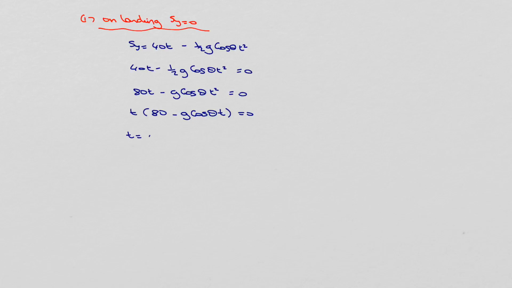Both multiply to give me 0, which means one or both must be equal to 0. And therefore that allows me to get t equal to 80 over g cos theta. So in other words, Sy is equal to 0 at the start because it's on the plane, and at the end because it lands on the plane. So this is my time of flight.